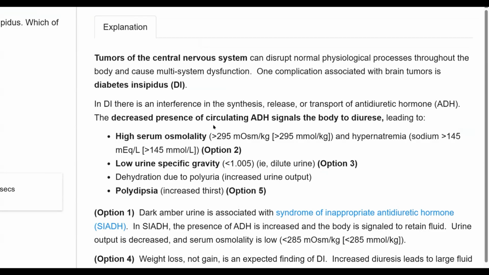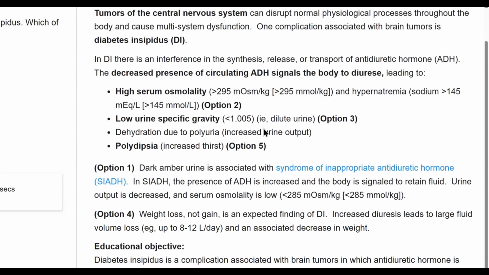So the decreased presence of circulating ADH signals the body to diurese. It can lead to high serum osmolality, that is more than 295, and hypernatremia, sodium more than 145 milliequivalents per liter. Low urine specific gravity because urine becomes very diluted, and dehydration because the patient has excessive polyuria due to increased urine output, and polydipsia, that is increased thirst.